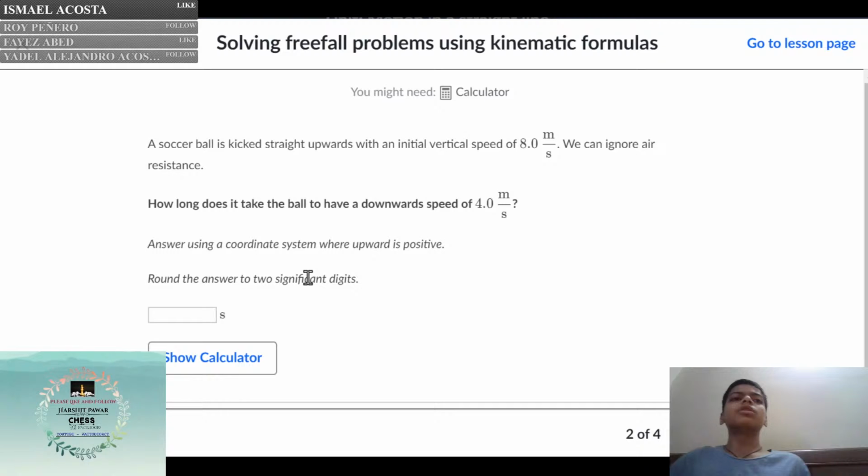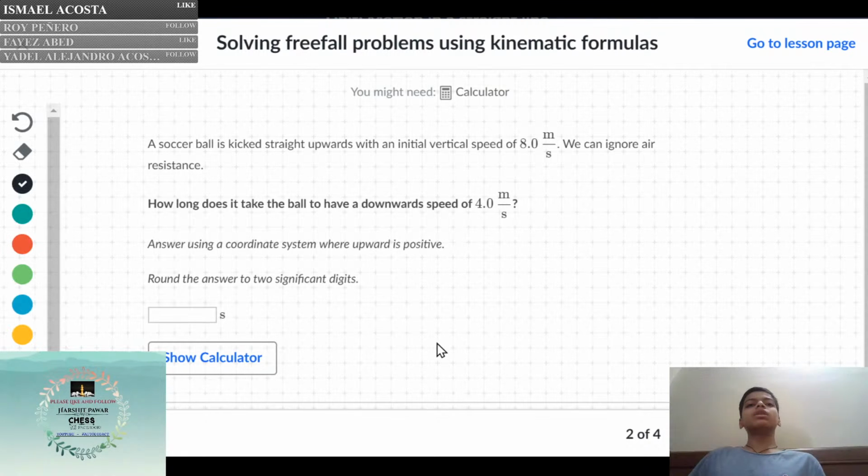A soccer ball is kicked straight upwards with an initial vertical speed of 8.0 meters per second. We can ignore air resistance. How long does it take the ball to have a downward speed of 4 meters per second? We are kicking straight up with an initial vertical speed of 8.0 meters per second.